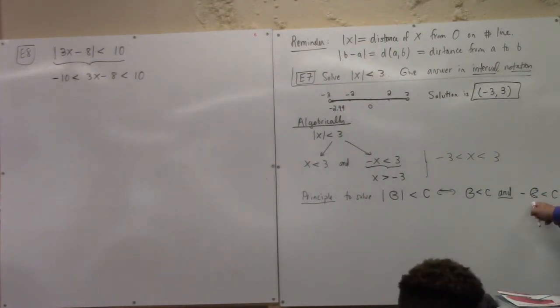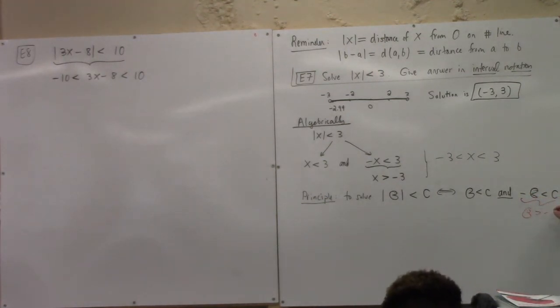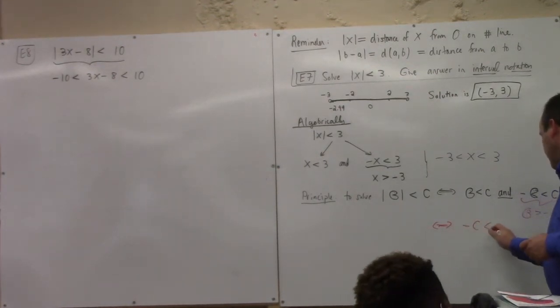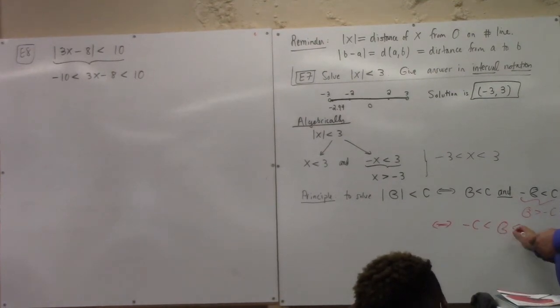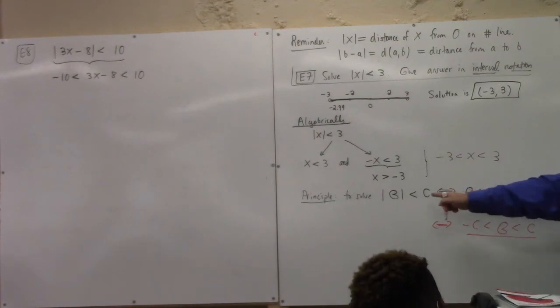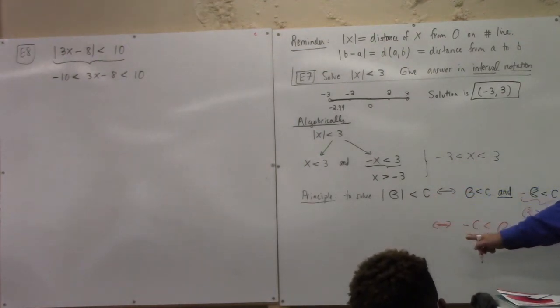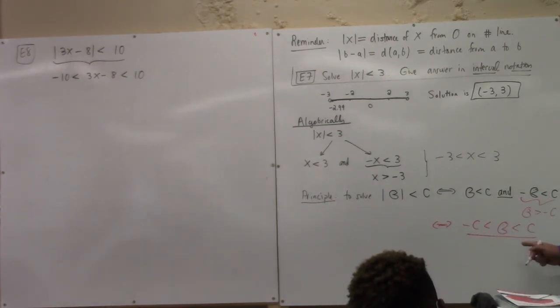Minus Pac-Man less than C, we can rewrite as Pac-Man greater than minus C, right? So you can put Pac-Man in the middle: minus C less than Pac-Man less than C. So you can rewrite a less than inequality with absolute value as a compound inequality without the absolute value. That's the theorem.